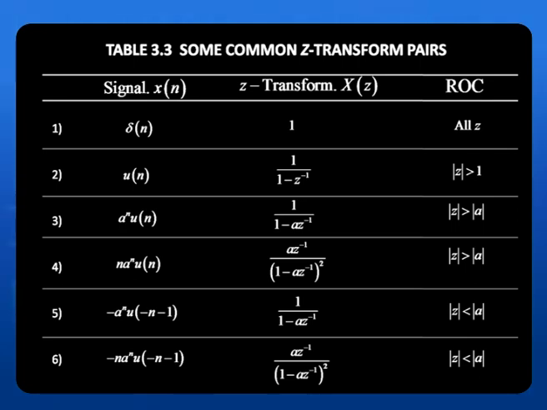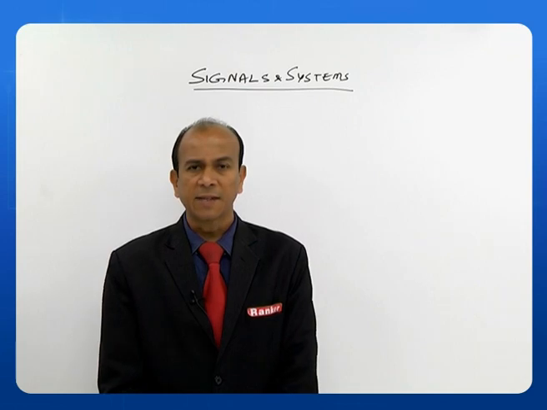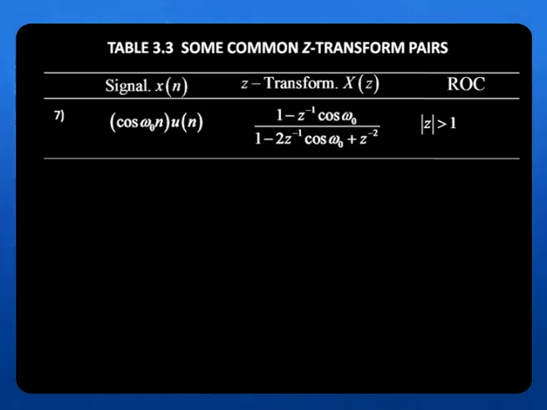Continuing this, there is another signal, cos omega naught n u of n, that is given by 1 minus Z to the power of minus 1 cos omega naught divided by 1 minus 2 Z to the power of minus 1 cos omega naught plus Z to the power of minus 2, where Z is greater than 1. That is, the ROC is the region beyond 1.